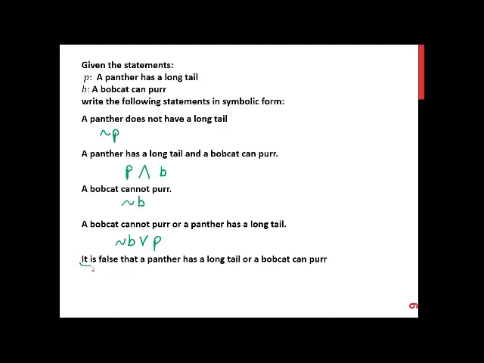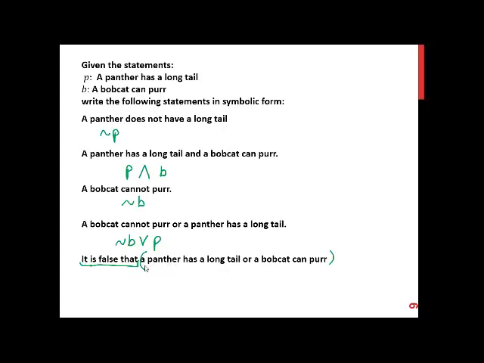In this last statement, let's watch the "it is false that." What that means is to negate all of this stuff. And just like in algebra, the way we group a bunch of stuff together is going to be with parentheses.